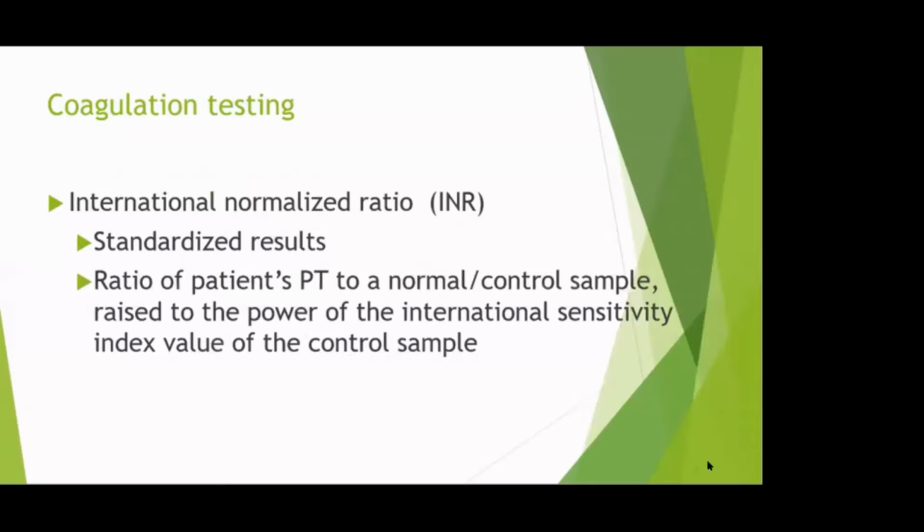For the INR, we use standardized results due to the variation between batches and manufacturers of tissue factor. INR was introduced. So the ratio of the patient's PT to a normal control sample is raised to the power of the international sensitivity index value of the control sample.